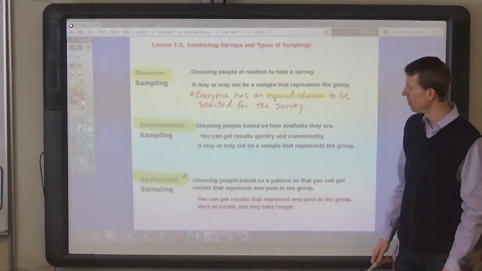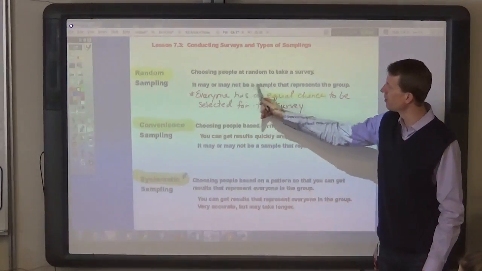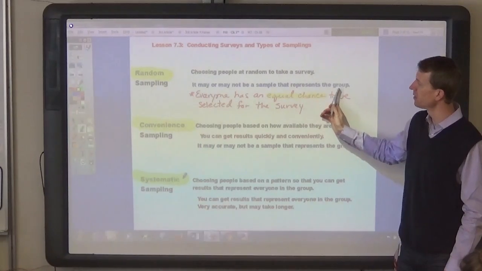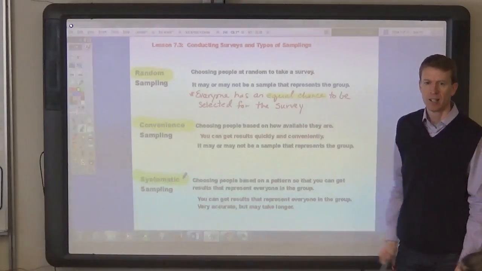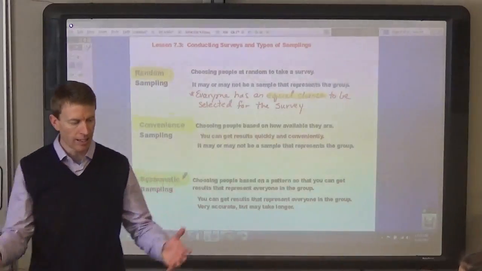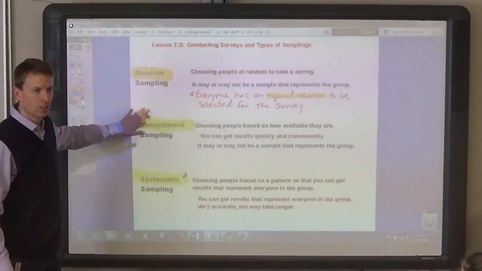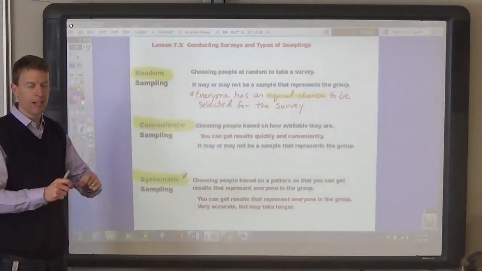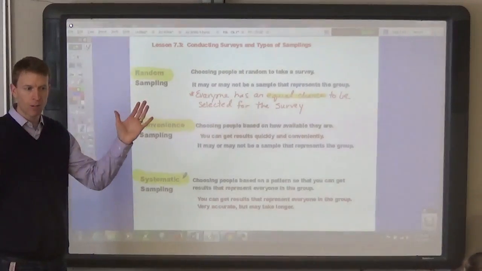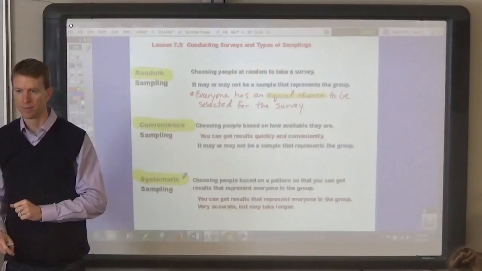Okay? Now, the benefit of that, I'm sorry, we forgot to talk about the benefits of the random sampling. The benefit is that you're not trying to manipulate the results at all in random sampling, right? So everyone has an equal chance. That means that your survey is completely random. You're not trying to manipulate the results.